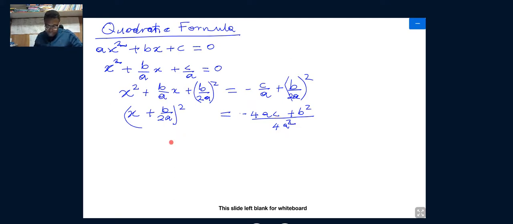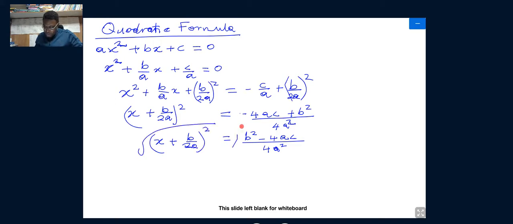Now, both sides, let me rearrange this. b squared minus 4ac over 4a squared. Here we have x plus b over 2a all squared.